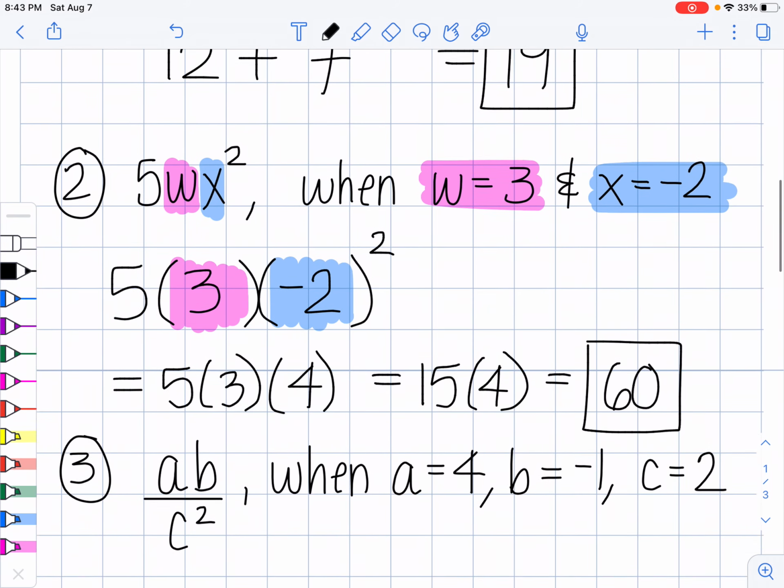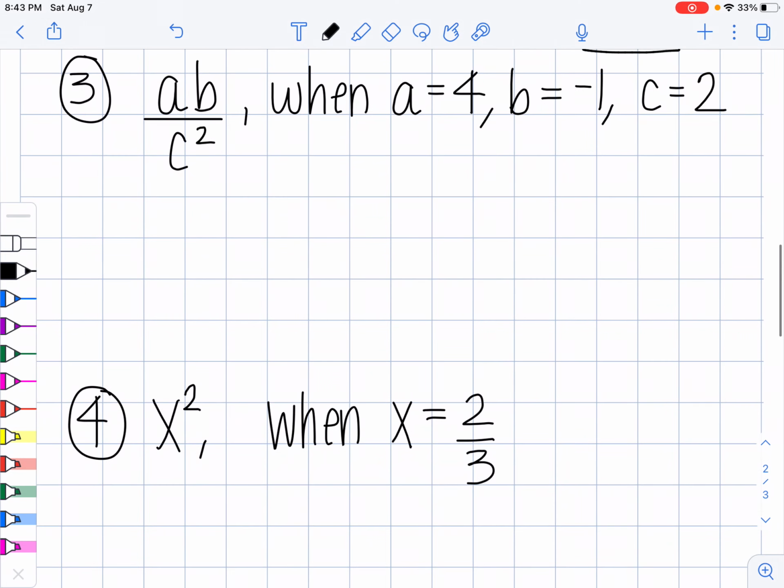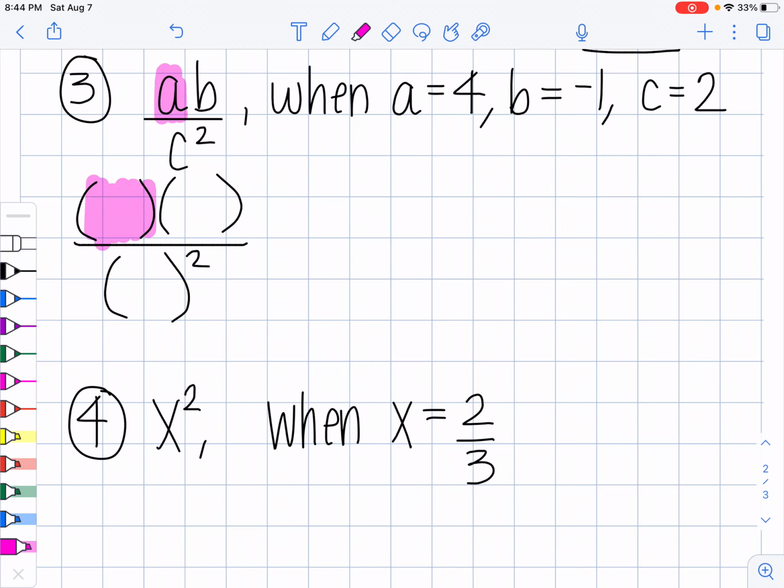Okay, let's do another one. We'll put it up here so we can see. Now this one is all variables. So I'm going to set up my skeleton. I've got parentheses, parentheses, divided by, parentheses, squared. So here I have an a, which would be here. And I go over and my code tells me that a is 4.